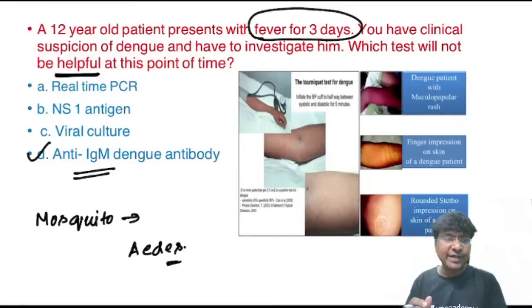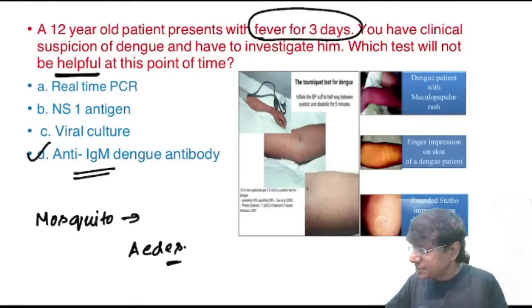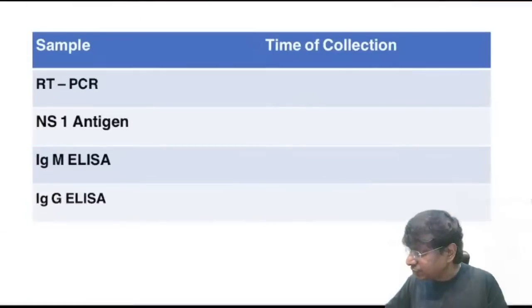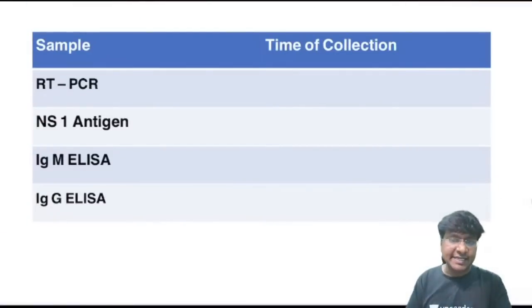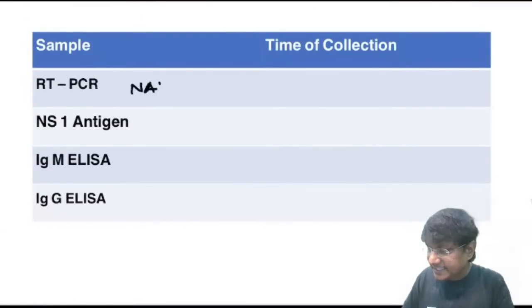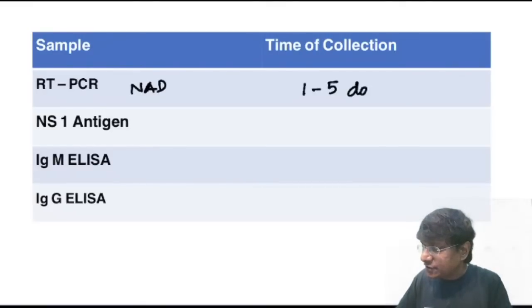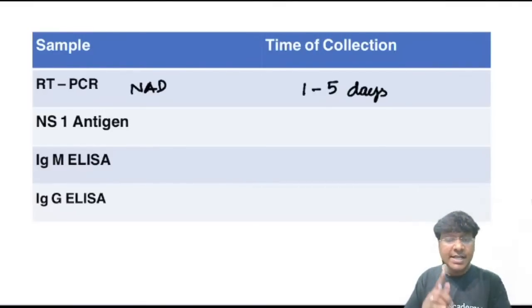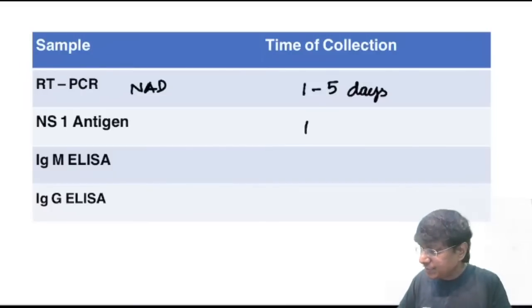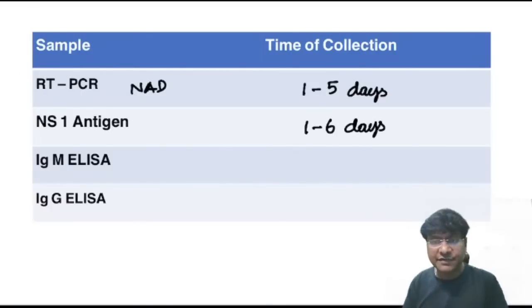Now let me explain the serology of the dengue virus. RT-PCR nucleic acid detection can be done within 1 to 5 days of onset of fever. NS1 antigen is detectable within 1 to 6 days of onset of fever.